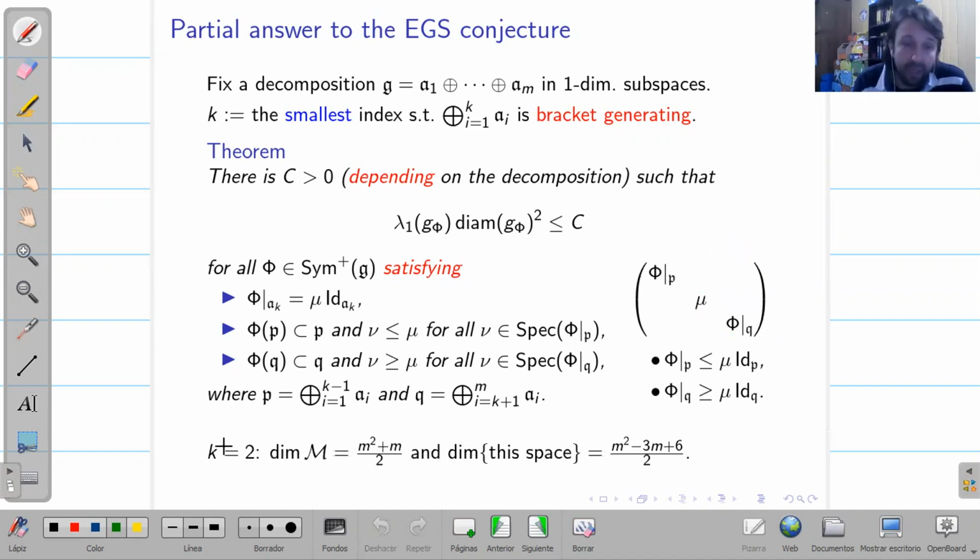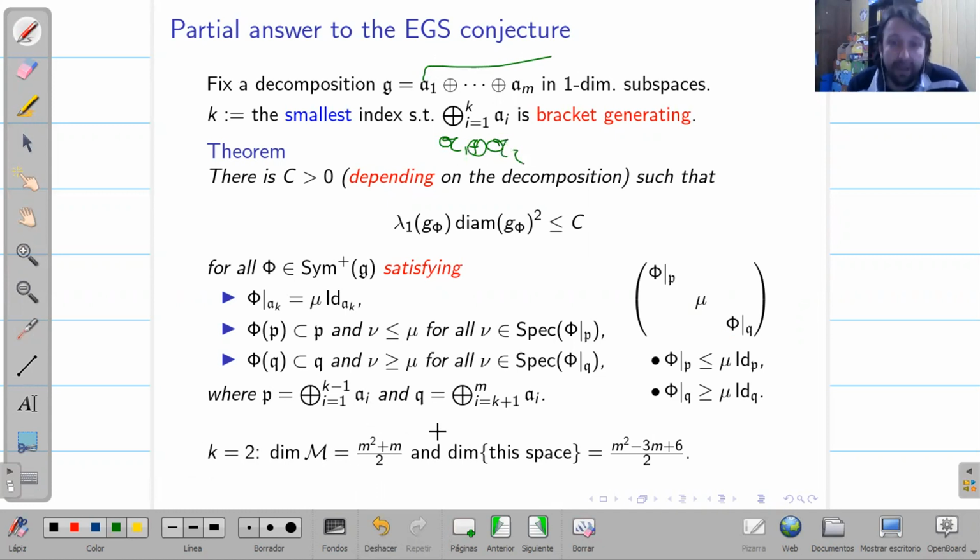For instance, when K is 2, you can find two vectors in a semi-simple algebra. When G is semi-simple, you can find two vectors such that they are bracket generating. Okay, it is possible. It is probably not intuitive, at least it was not for me, but this is possible. So for G semi-simple, you can find the decomposition such that A_1 and A_2 are already bracket generating.